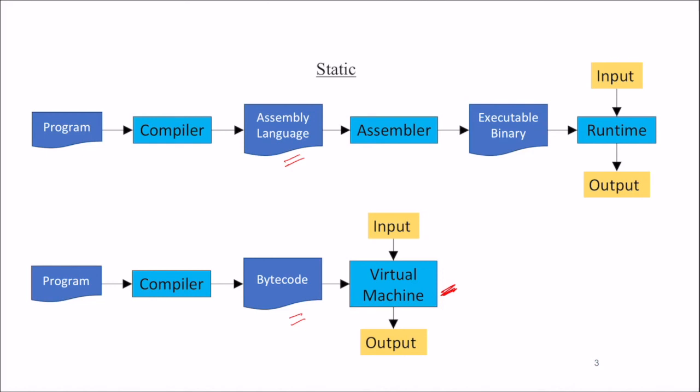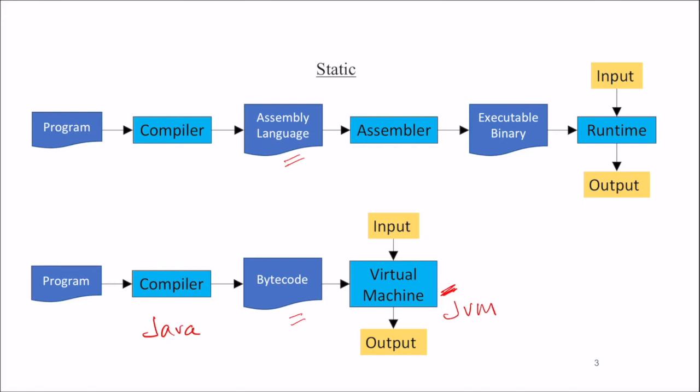So it can be useful, for example, in generating a sort of machine language that is much more abstracted away from the hardware. And this can have some benefits. For example, if you look at Java, the Java compiler produces bytecode which is run on the Java virtual machine.